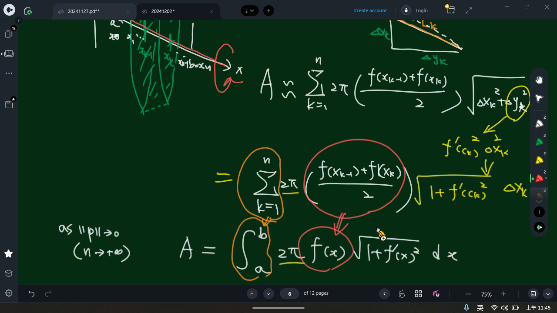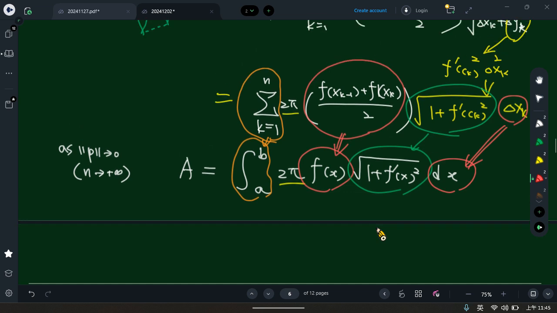Then here you can see there is a mapping. So each c_k will be converted to x, each point will be represented by c_k. Then finally we have delta s_k become dx.